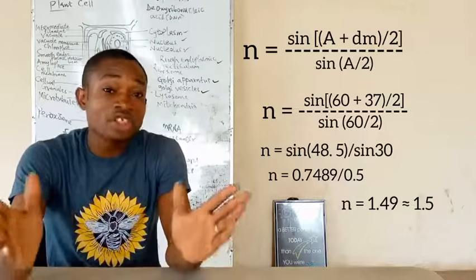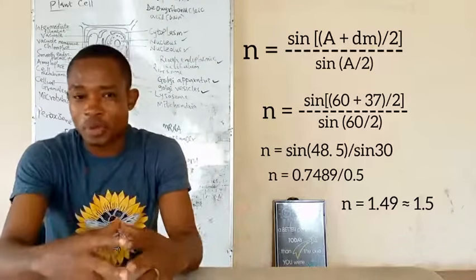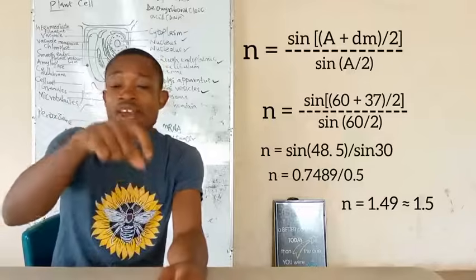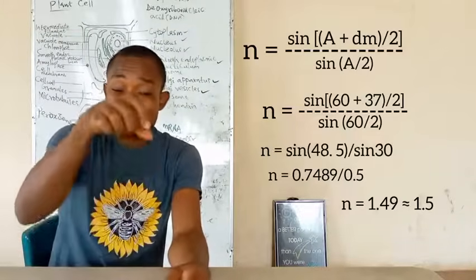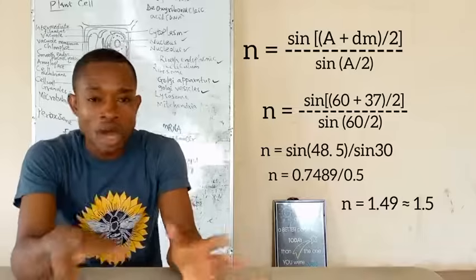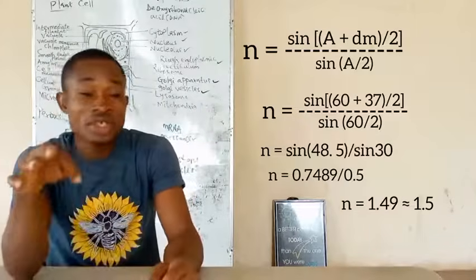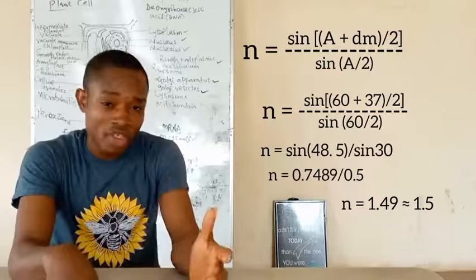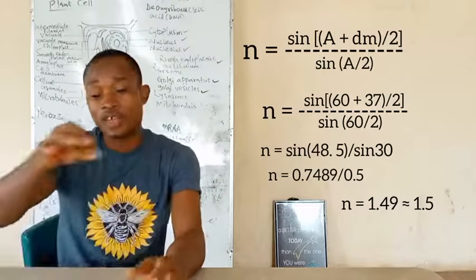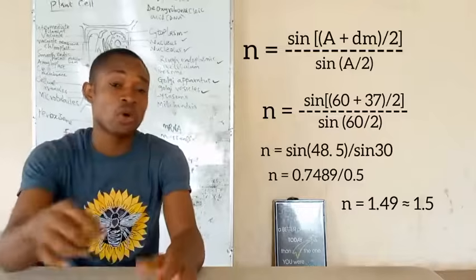Another precaution that you can take while carrying out this experiment is to ensure that the triangular prism is placed neatly on its original outline before you start blocking the images of pins 1 and 2 when you are blocking the images with pins 3 and 4.